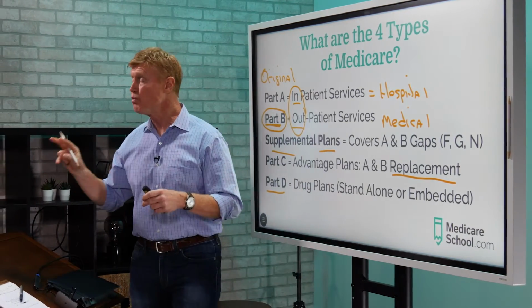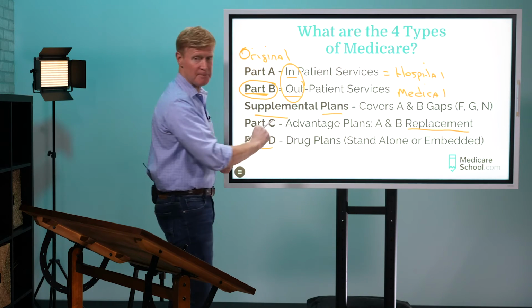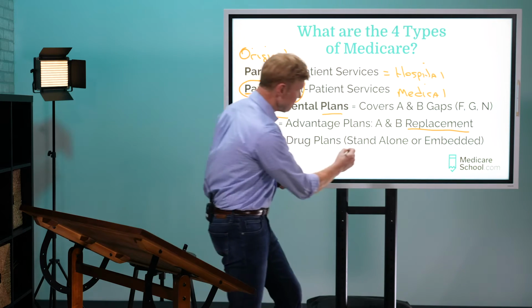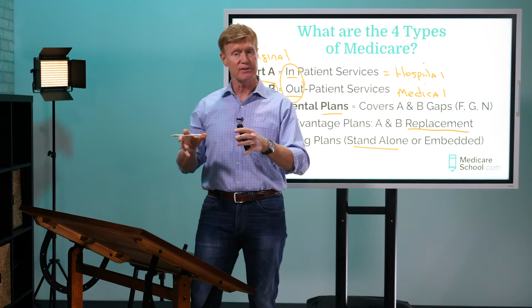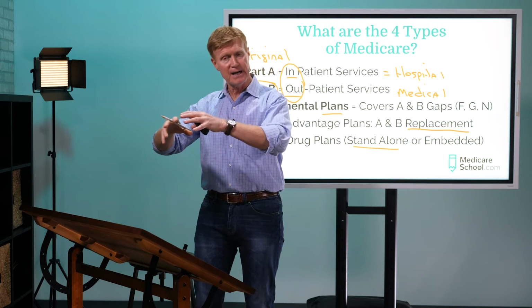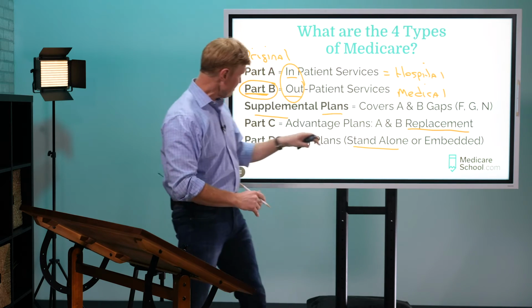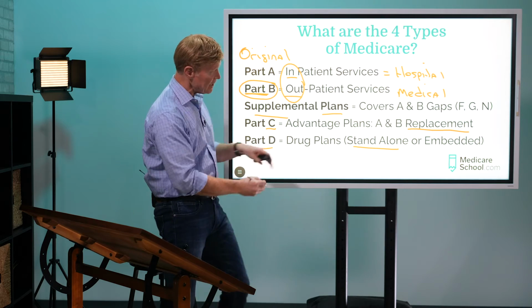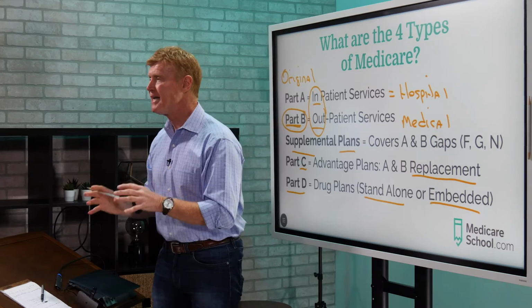Those are covered by Part D plans. And so there's one of 2 ways you will buy a Part D plan. If you decide to go with the supplemental option, you're going to have what we call a separate or a standalone prescription drug plan. That standalone drug plan is going to have a separate policy and a separate premium. If you decide to do a replacement plan, meaning you decide to have an Advantage plan, then you will be given the option to have an embedded prescription drug plan.